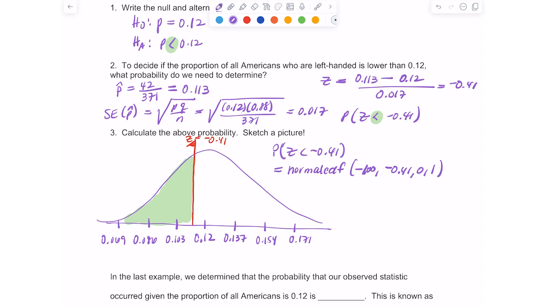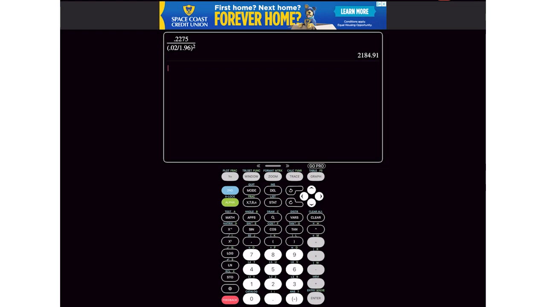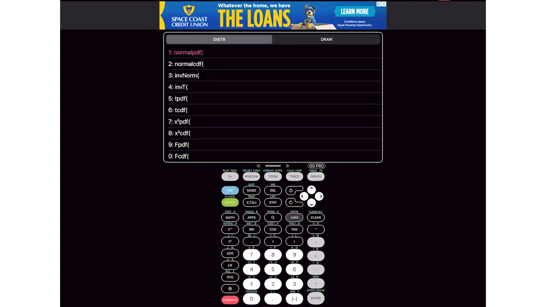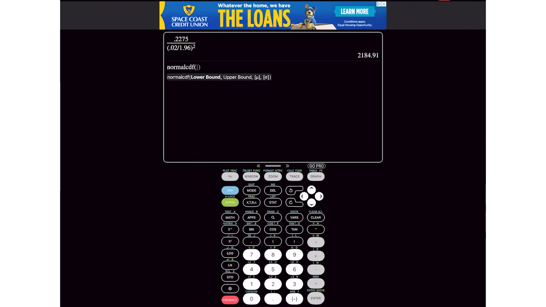So if you go into the calculator, remember you're just going to go to second vars, and we're picking number 2. And we have our negative 100 for our lower bound, comma. Our upper bound is negative 0.41. The mean is 0, and the standard deviation is 1.